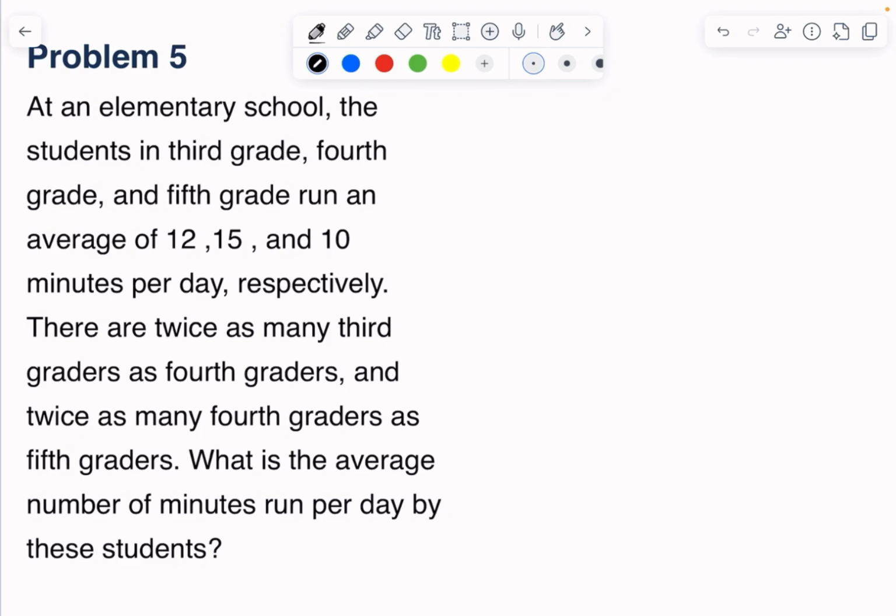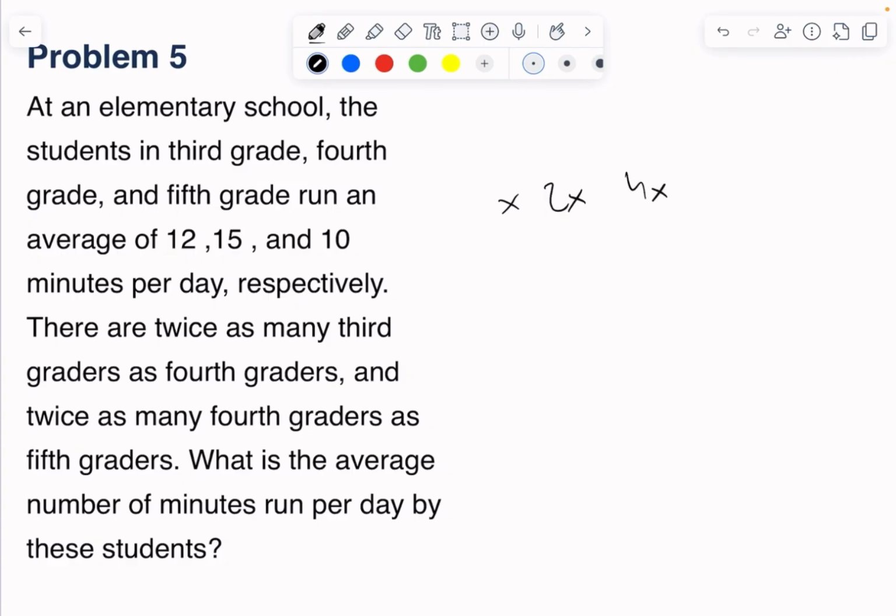Okay, so we can use variables. Let's say there's X 5th graders. For X 5th graders, there's 2X 4th graders, and there's 4X 3rd graders.